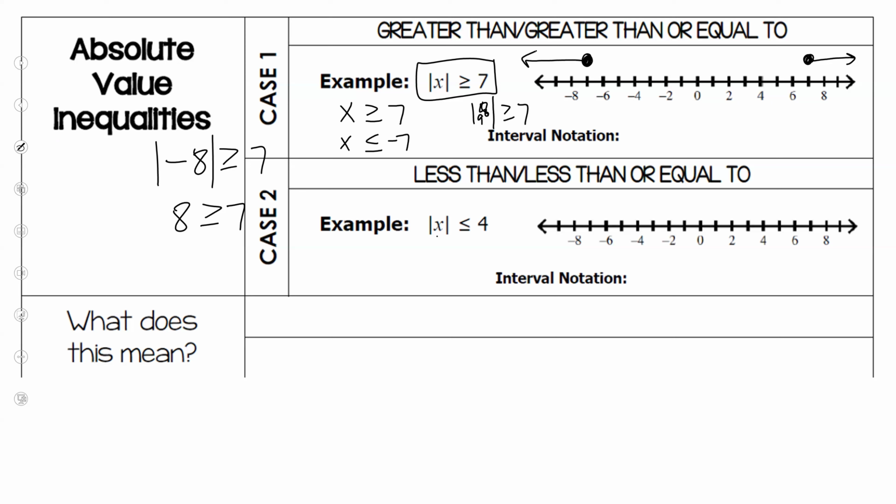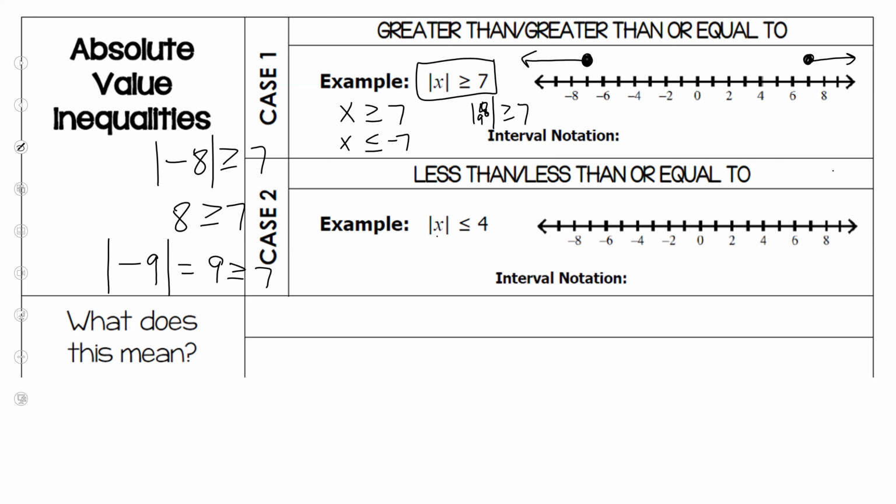Okay? Let me give you another example so this concept can sink in. The absolute value of negative 9 is what? 9. Is that greater than or equal to 7? Yes, so that means negative 9 also works. So the numbers on the left-hand side of negative 7 also work. Yes, you have to put both.